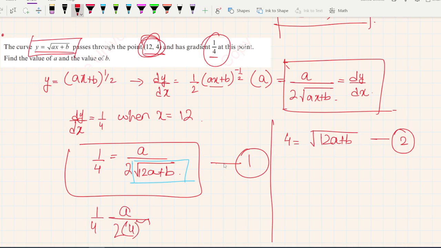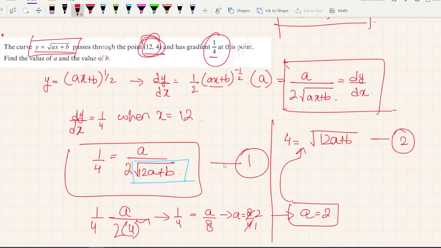So this would give me 1 over 4 equals to a over 8, right? So this would give me a equals to 8 by 4, which is 2. So the value of a is 2. Once we get the value of a, we can plug it into this equation.